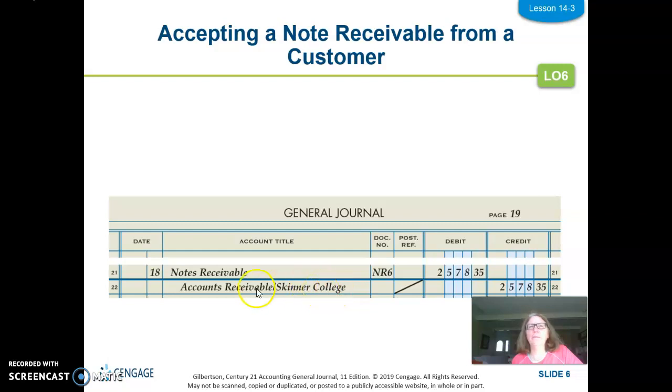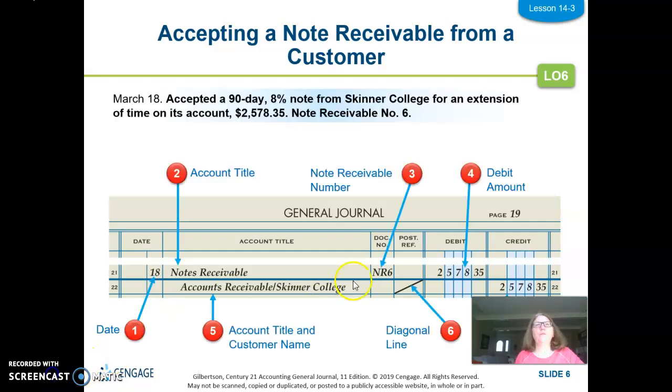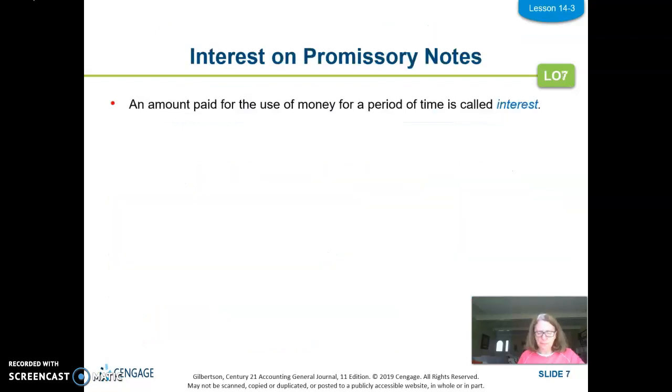You want to do that. So nothing weird there. So that's our first transaction. So again, this is when they wanted an extension of time on their account, our journal entry in the general journal.